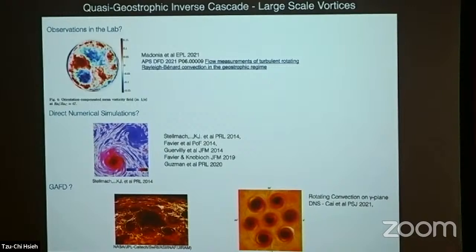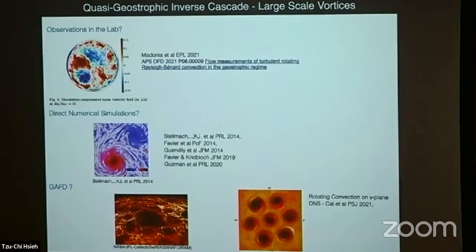And if we want to extrapolate, we talked about Jupiter and looked at the poles. We saw that from the Juno data, and this has been faithfully captured in a rotating convection simulation by Kai and others.